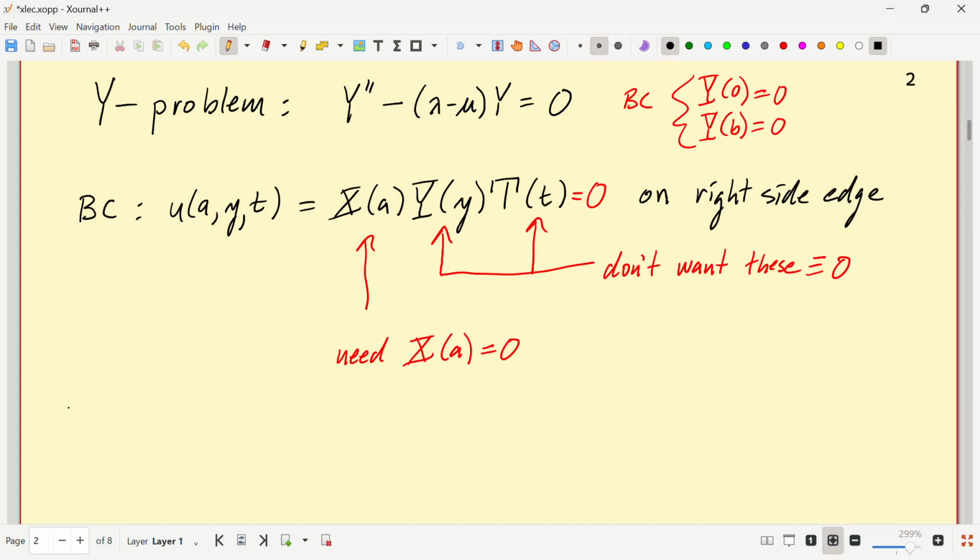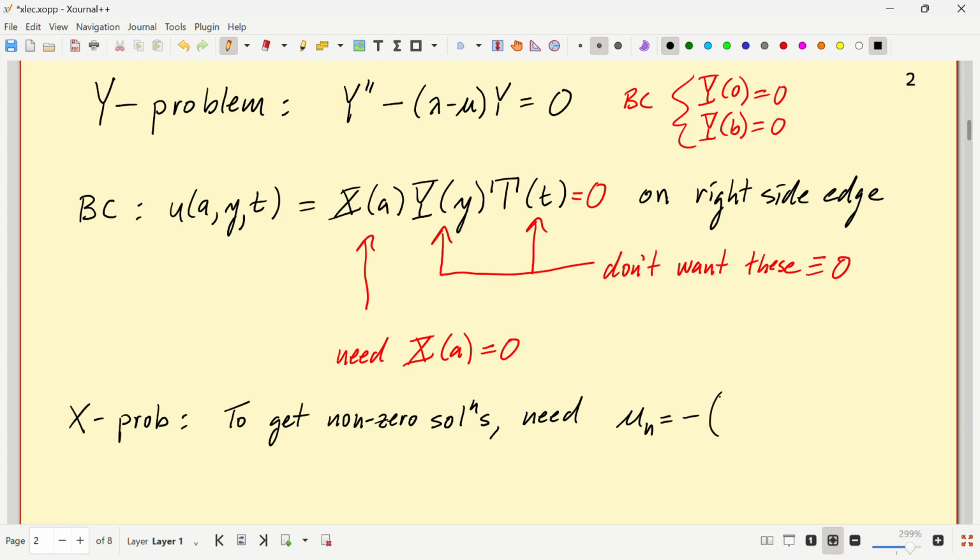So let's do the x problem. We know that to get non-zero solutions, we need mu to be something very specific, namely mu sub n. We did this. It's minus (n pi over a) squared.